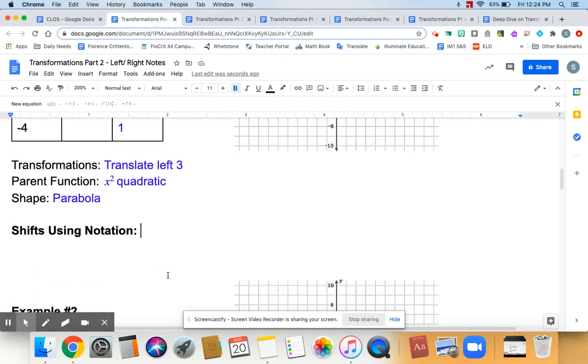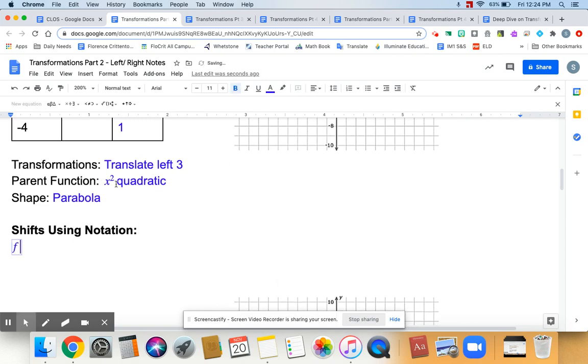So if they wrote it differently, and they were writing the shifts with notation, they would have said that f of x, the parent function, is x squared. And they would have said to graph f, and then the +3 is in the parentheses with the x for this notation.